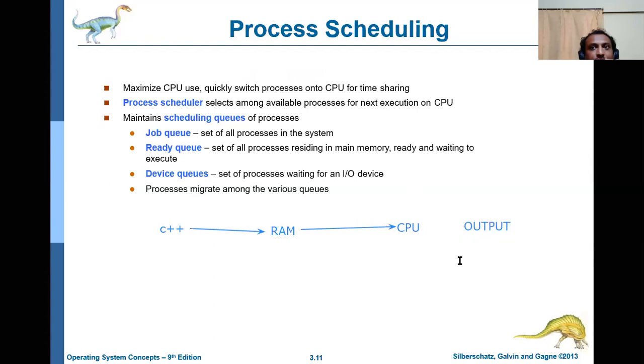These are the steps. We have written a C++ program. That program is stored inside RAM temporarily, random access memory. From there, to be executed, it has to go to CPU. There it will get executed. Once it has executed, it will give the output. This is the procedure. Now, from this RAM, how will it go to CPU?